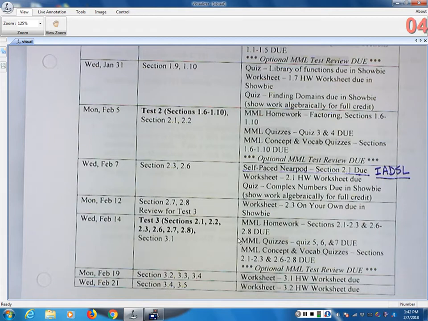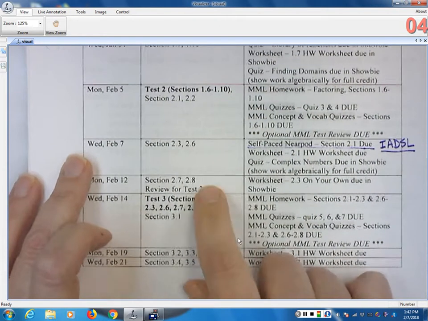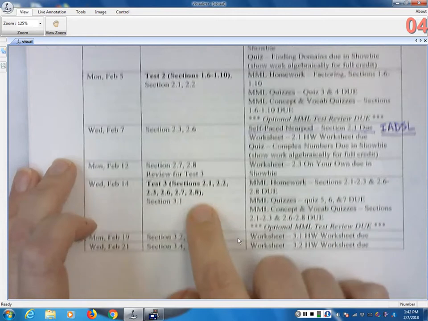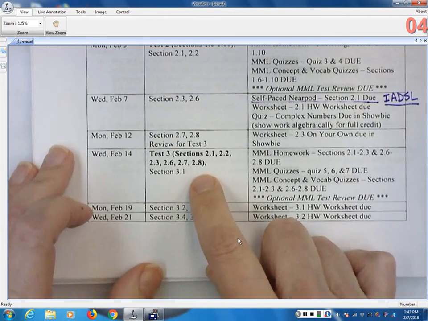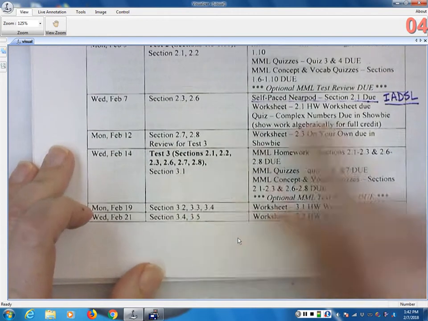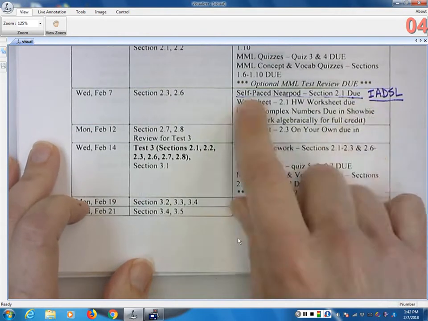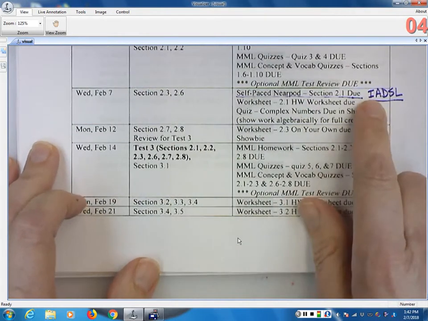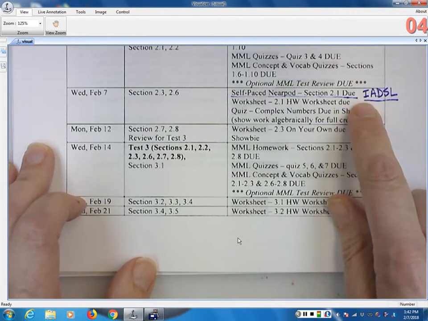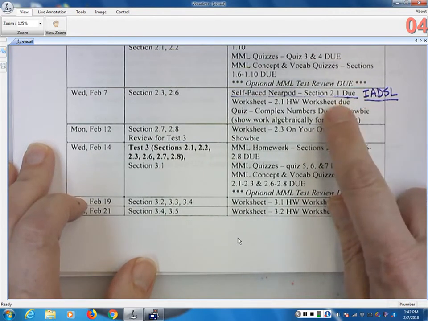All right, so we are on section 2.3 and 2.6. You were supposed to do the self-paced Nearpod, and I'll check over the weekend to see if you did it. If you forgot to do the self-paced Nearpod, it's a 100-point classwork grade. Go to nearpod.com, do IADSL.